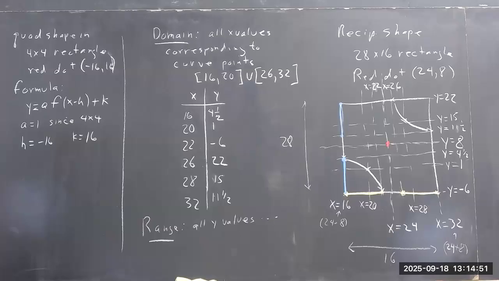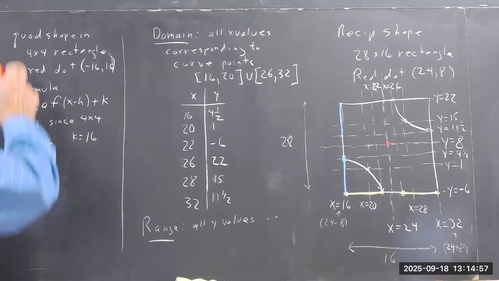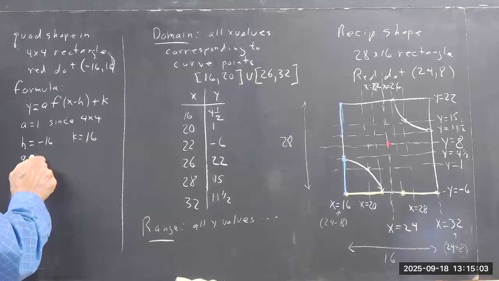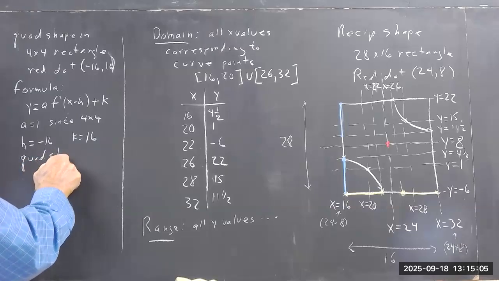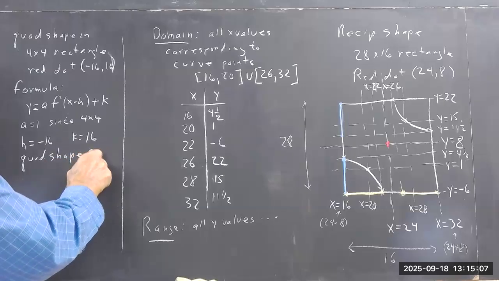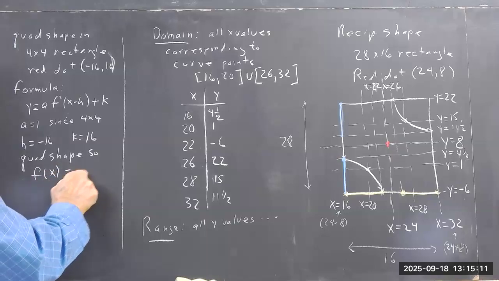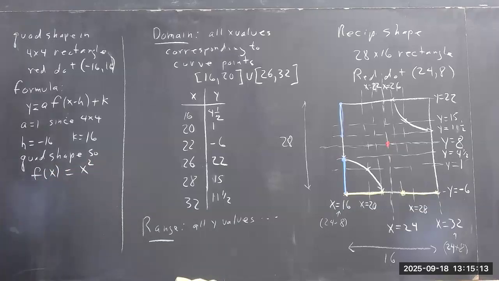And I tell you where the red dot is. Okay, well, now you got to know what to do. You also have to know what the function is. It's the quadratic shape. So f of x equals x squared.